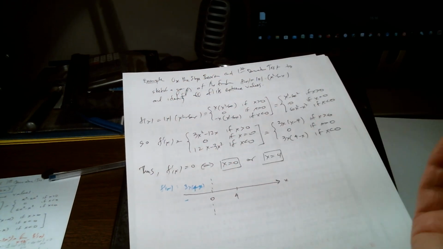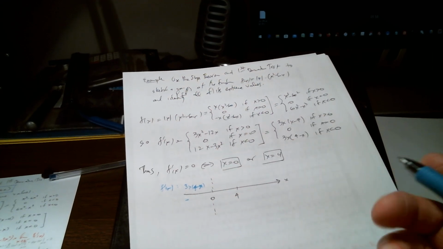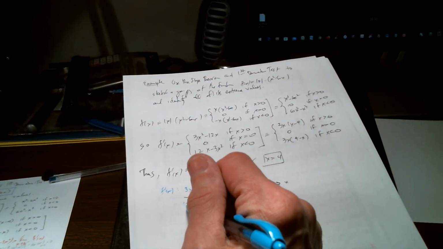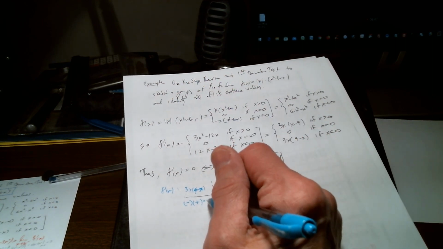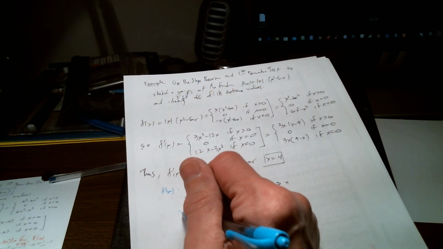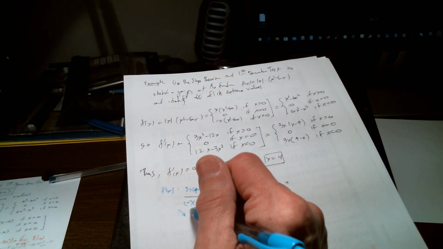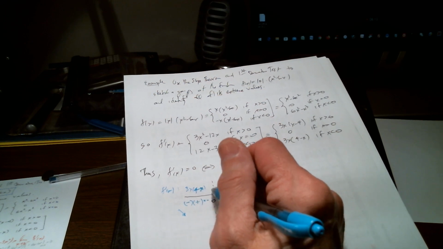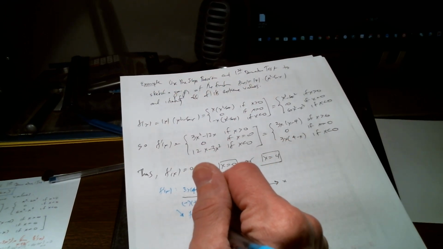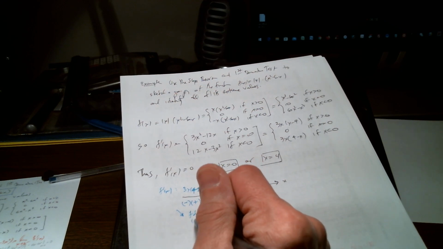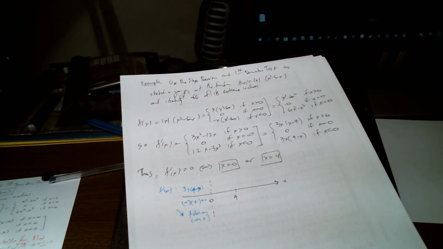So when x is negative, of course, 4 minus x would be positive, and 3x is negative. So we get a product of a negative with a positive number, which of course is negative. So that means the function f has a negative slope everywhere on the interval from minus infinity to 0, and therefore f is decreasing on the interval minus infinity to 0.